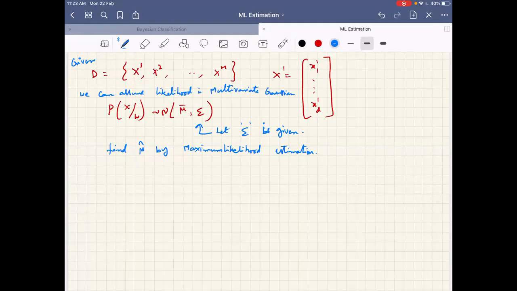Let sigma also be given. Find the mu hat, or mu vector, by maximum likelihood estimation. Is the problem clear? Is the discussion clear? Yes, clear sir. So where should we start now for this problem?